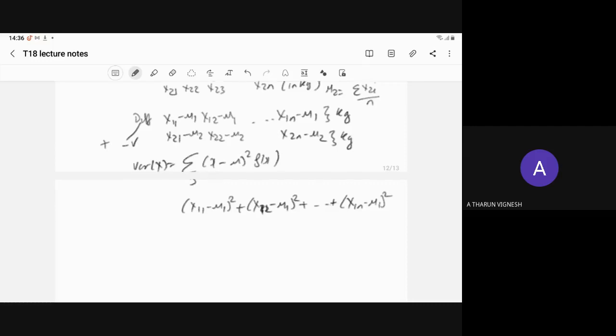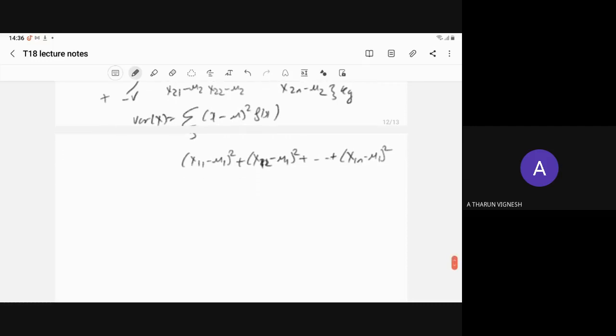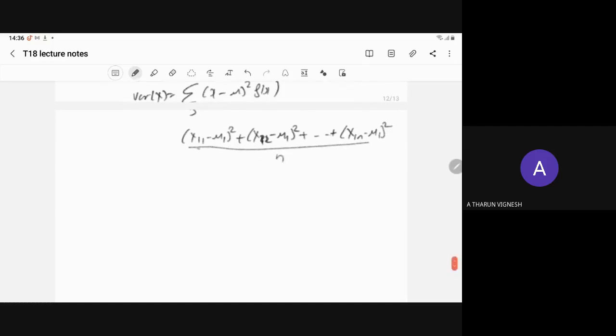When we say it is like this upon n, it is the variance. But in practice we require the difference in the same order as the variable.